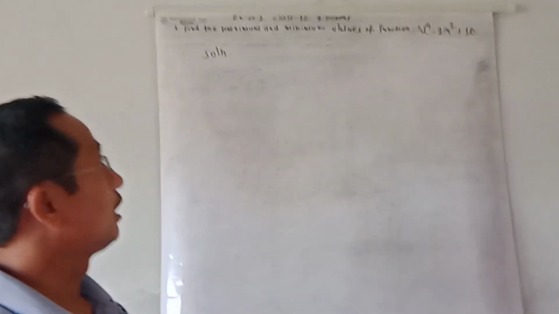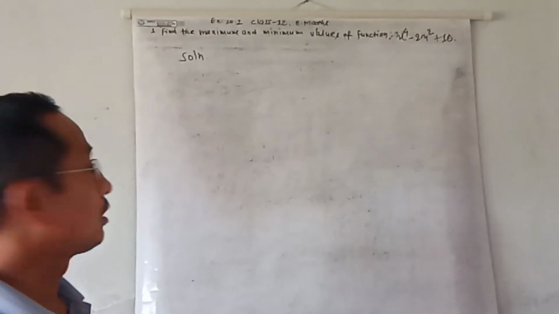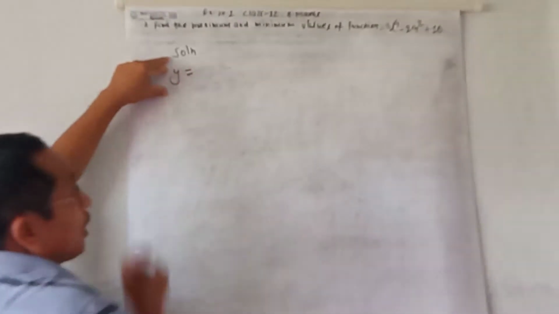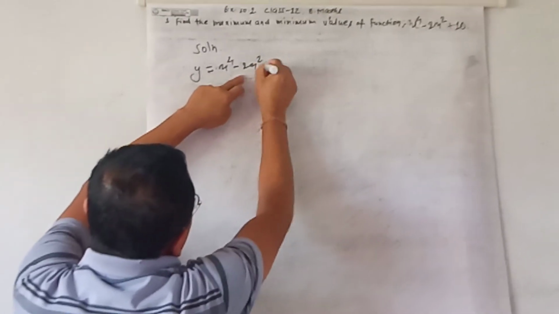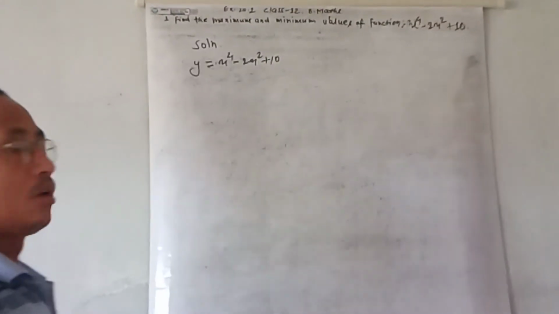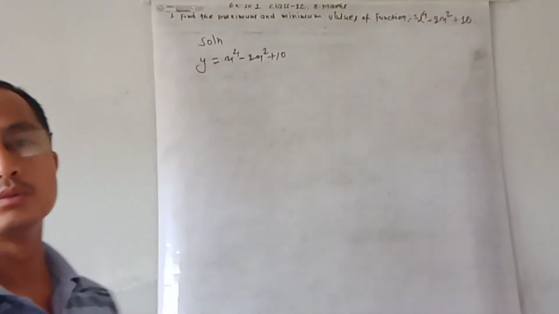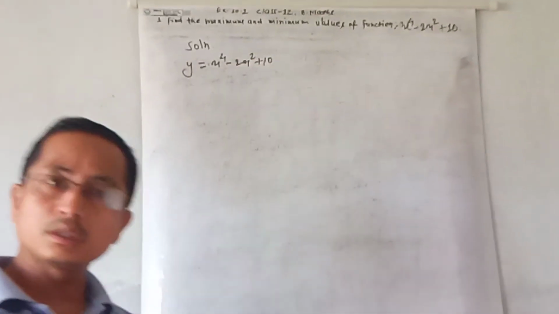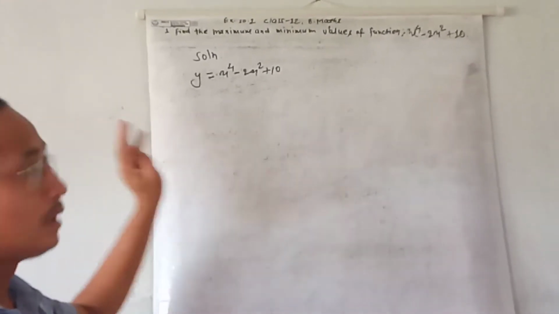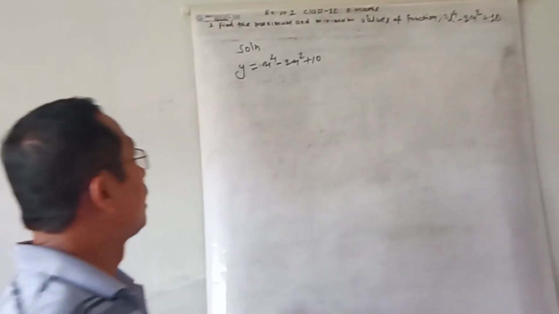We have to let the function y equal to x power 4 minus 2x square plus 10, or let f(x) be equal to it.